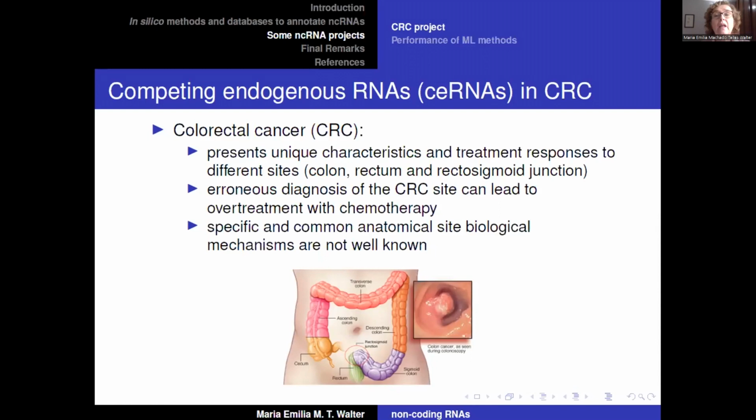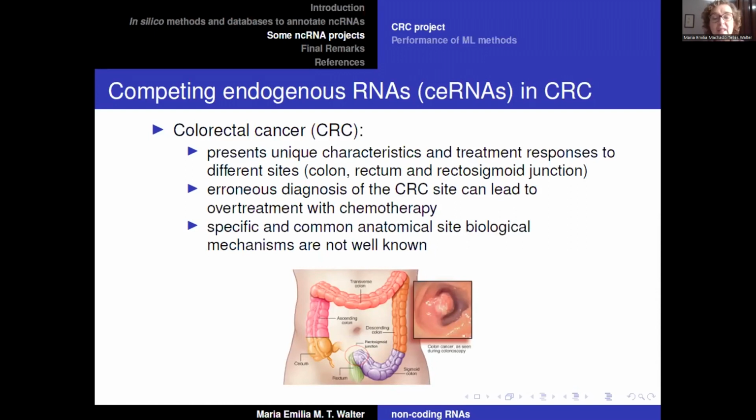Then I will very briefly show you two projects that we have been studying at the University of Brasilia in collaboration with people in Germany at the University of Leipzig. The first one is the CRC project, where we investigate some aspects of colorectal cancer, CRC. This cancer presents unique characteristics and treatment responses at different sites.